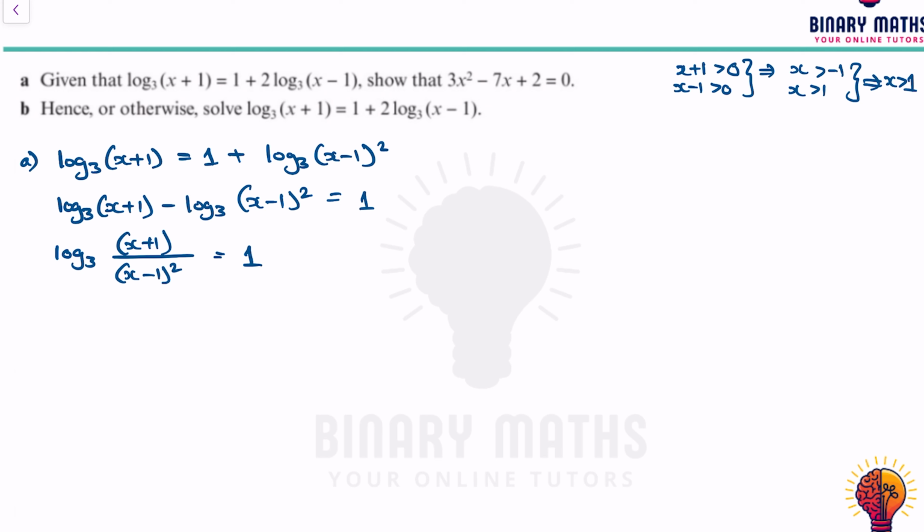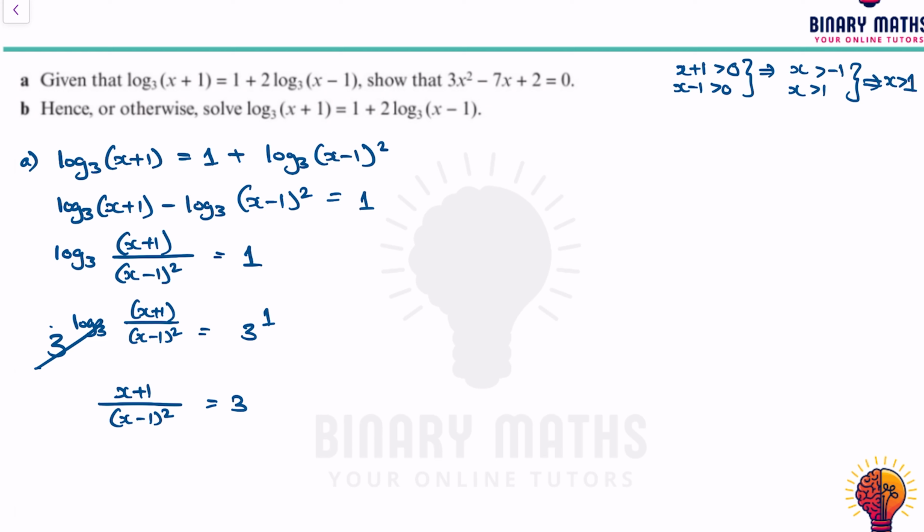Apply 3 to the power to both sides, so 3 to the power of log base 3 of (x plus 1) over (x minus 1) squared is equal to 3 to the power of 1. Cancel that out, which gives me (x plus 1) over (x minus 1) squared is equal to 3.